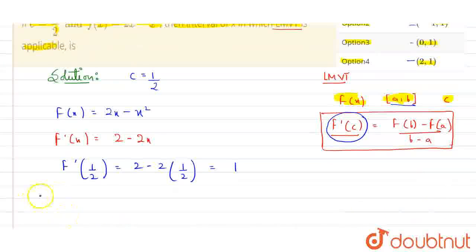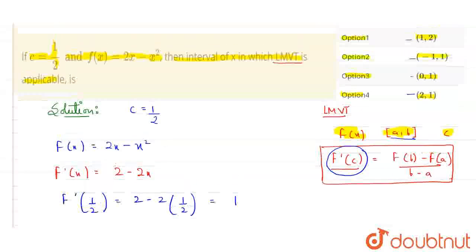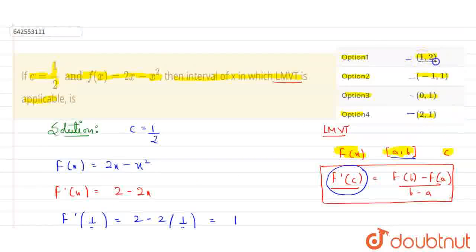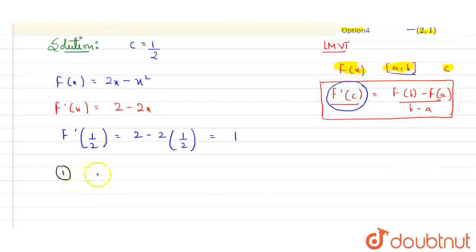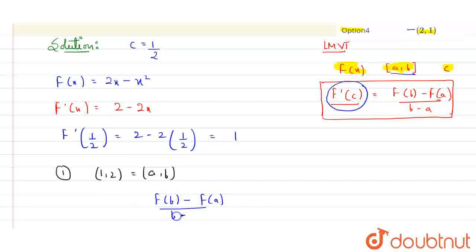Now first we will consider option 1, which is 1 comma 2, equal to a comma b. Now we have to find f of b minus f of a upon b minus a.